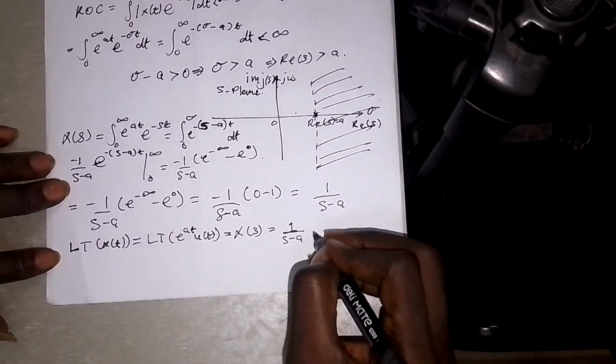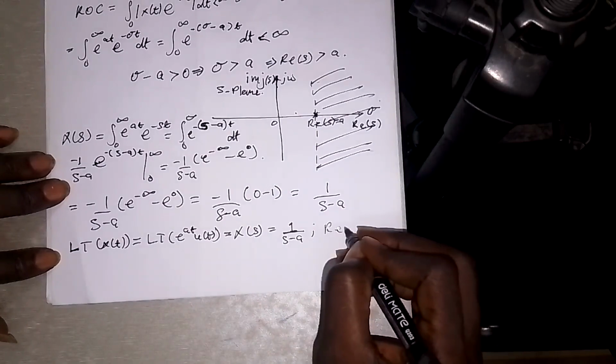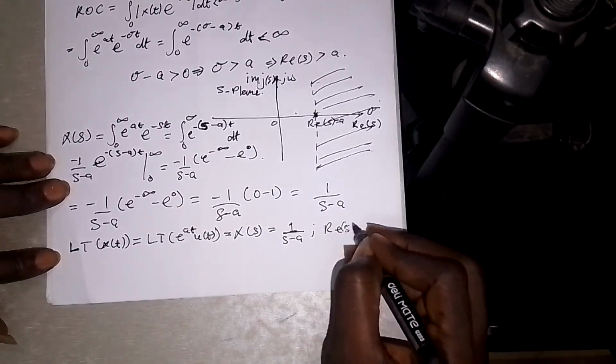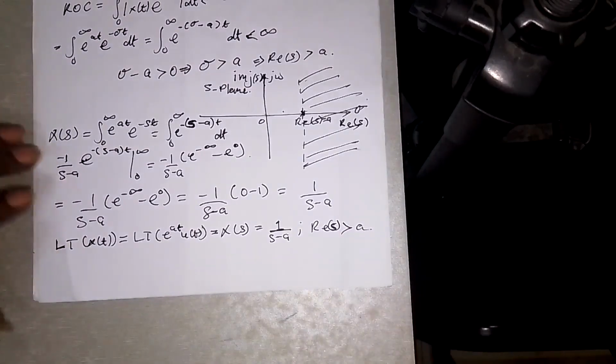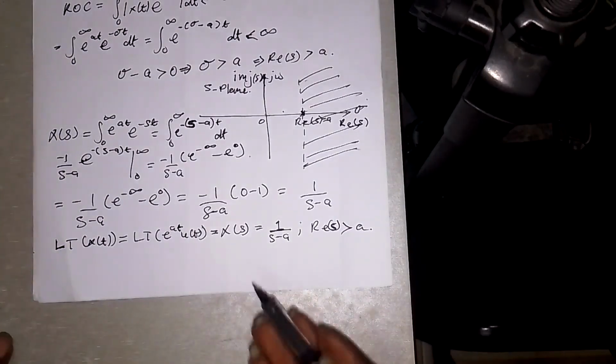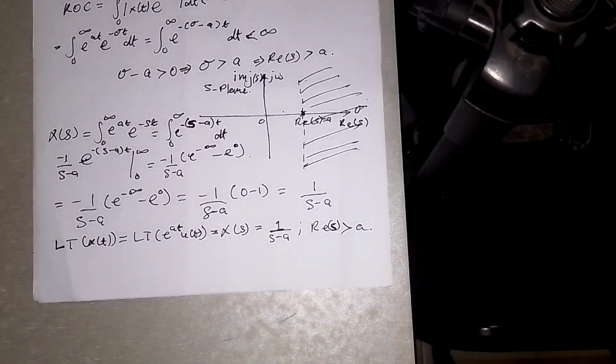And where does it occur? It occurs at the real of s being greater than a. So this will be the end of this particular question.